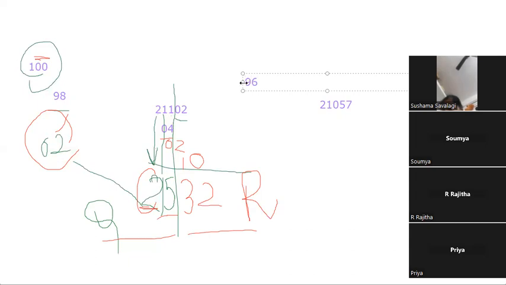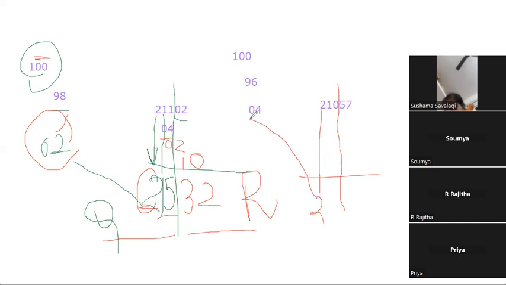If you have 96, the first thing is your base will be 100. So your complementary number which you'll take is 0, 4. Now, you have to divide the number, leaving the last two digits, the same steps. Then you bring the first digit down. So that is 2. Then you multiply these two numbers. So you get 0, 8.